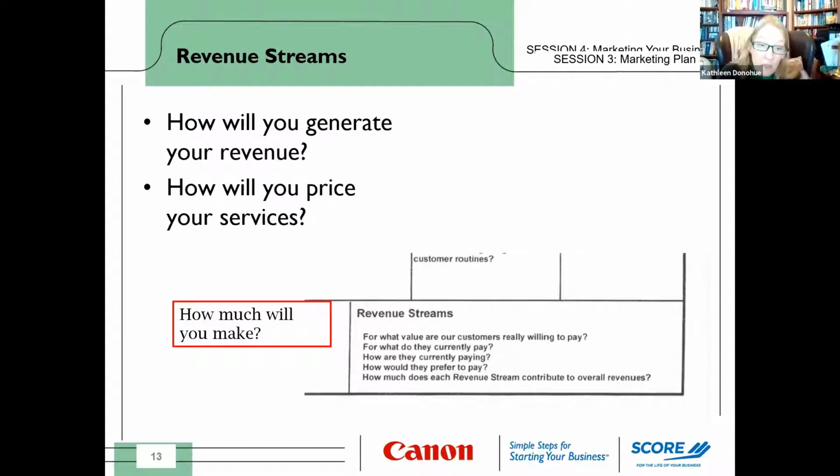And then importantly, we have to understand, how is this going to make money? Sometimes we think we have a really good business idea, but we're not quite sure how we're going to monetize it. Other times the method for how we're going to monetize is pretty obvious. But write it down. You may find that you don't know as much as you think you do until you start writing.